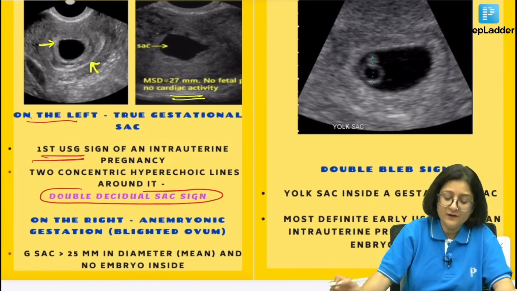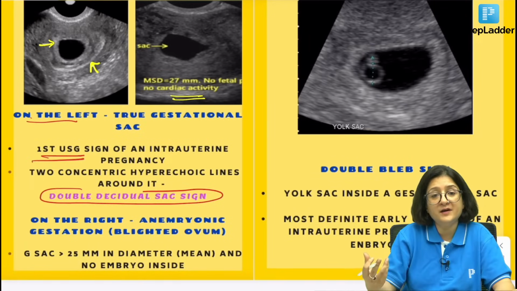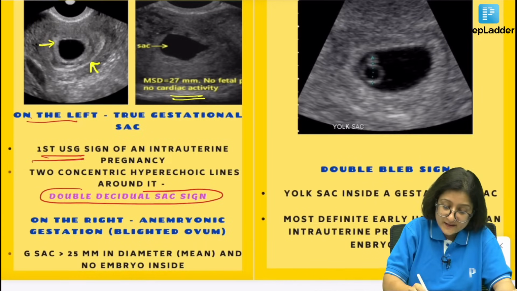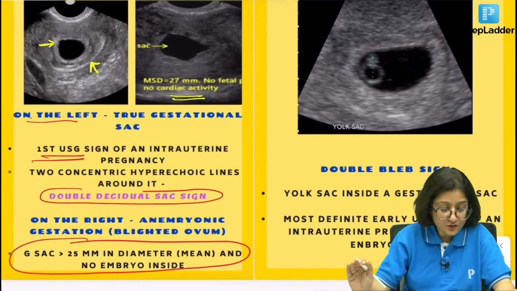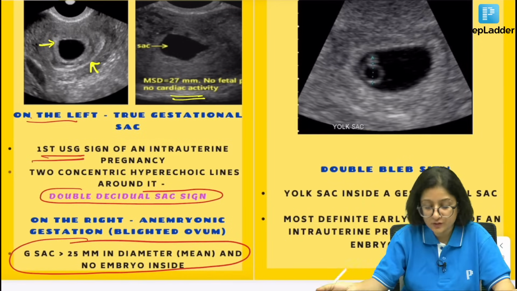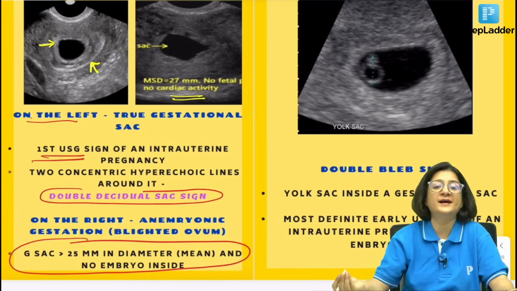On the right side, what you are seeing is a gestational sac, but the mean sac diameter they are mentioning in the image is 27 mm, and yet there is no fetal pole with cardiac activity inside. So when the gestational sac has crossed more than 25 mm diameter and there is no embryo inside, it is what we call anembryonic gestation or blighted ovum, or we can call it early pregnancy loss.